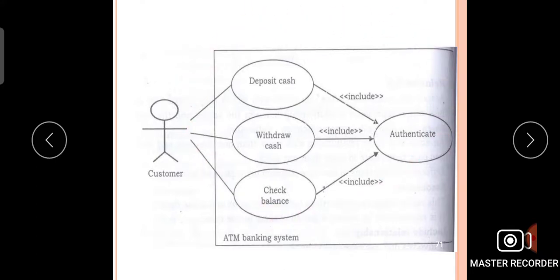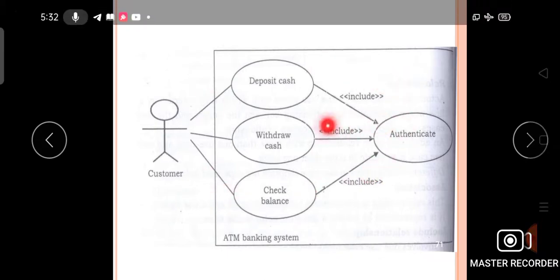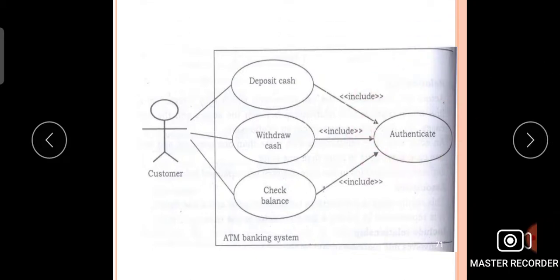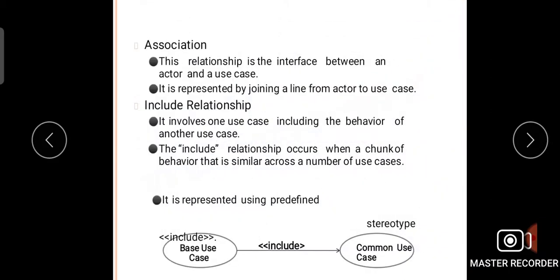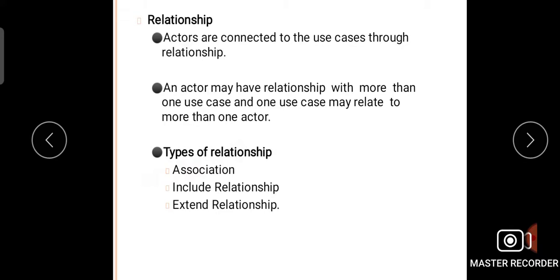So here, what is include? This is nothing but the relationship between all these activities and the authenticate use case. The relationships connect use cases through actors and ellipses with use case names. An actor may have a relationship with more than one use case, and one use case may relate to more than one actor.